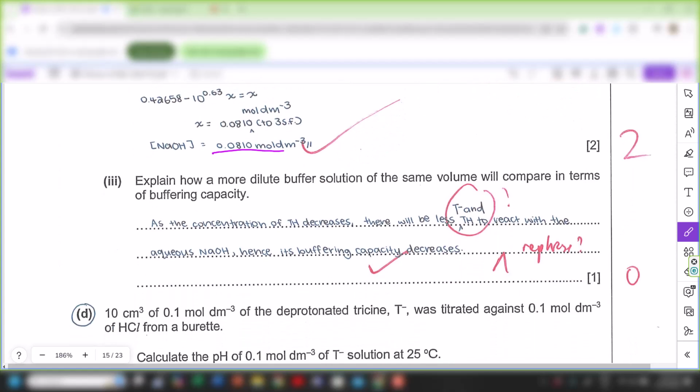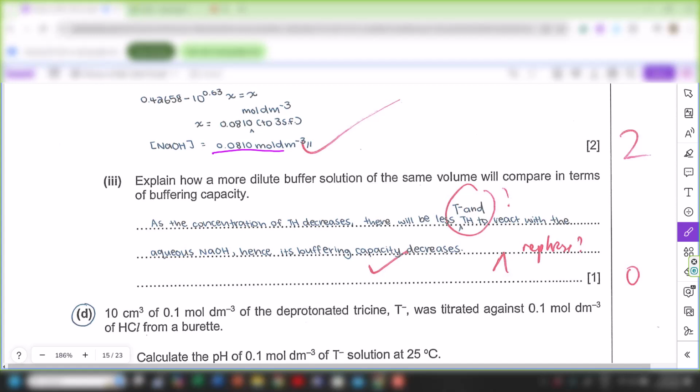Here we asked before in our consolidation exercise how a more dilute buffer solution will compare in terms of buffering capacity. Basically you need to highlight the important thing about T minus and TH.